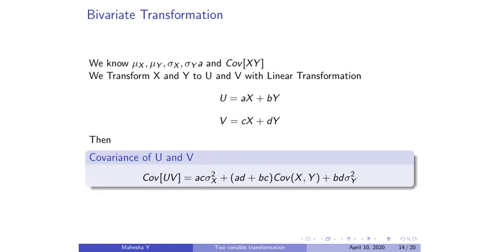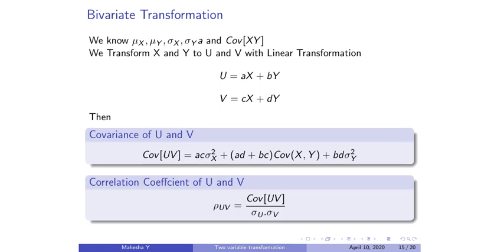So we can say that covariance of UV is equal to ac sigma x square plus ad plus bc covariance of xy plus bd sigma y square. So that is the expression for covariance.